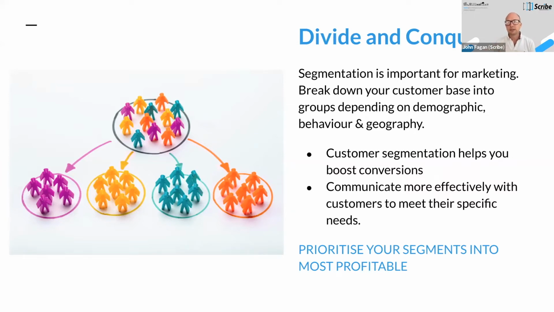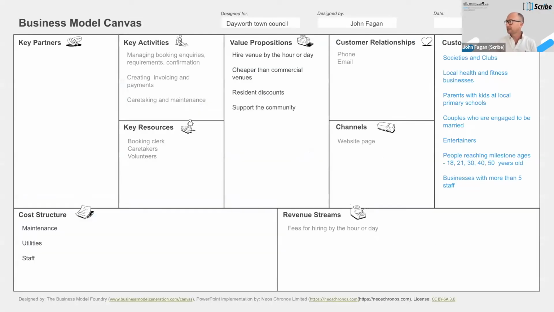Cool. Now you're definitely getting on the right track, because when you start thinking about those particular segments of customers, then when you come to do your marketing, you can tune it to them. So I've had an attempt, and it pretty much matches what you've said. Societies and clubs, local health and fitness businesses, parents with kids in local primary schools, couples who are engaged or getting married, entertainers.